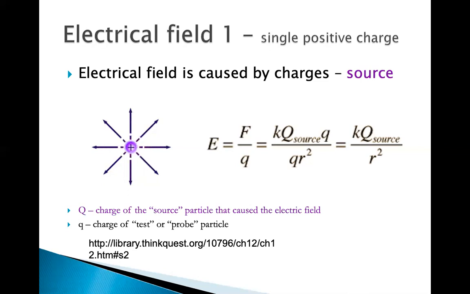If you bring in a probe charge or test charge, we call it lowercase q, and then you can detect or measure the force F exerted on this probe or test charge q. So this electric field can also be calculated as the force over the charge. What's important here is to distinguish what is the source and what is the probe charge.